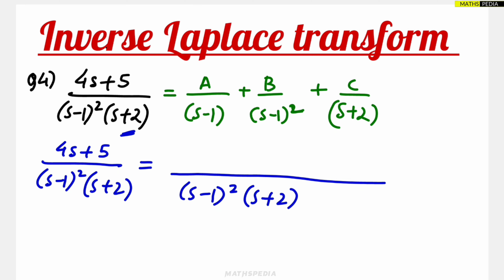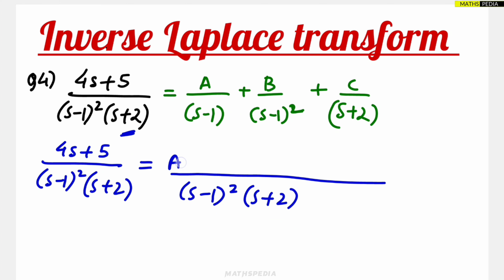Now below A, (s minus 1) is sitting. So what else is not there? (s minus 1) squared and (s plus 2) are needed; (s plus 2) is not there, and one other (s minus 1) factor is also not there.